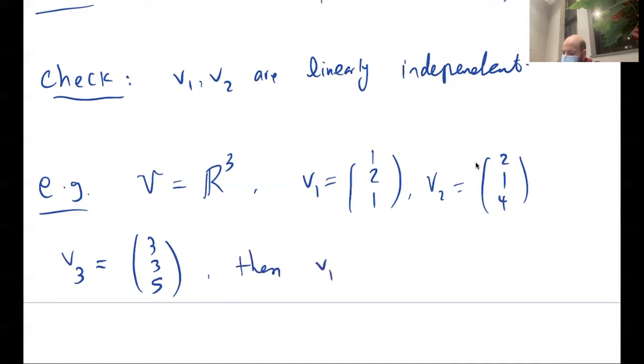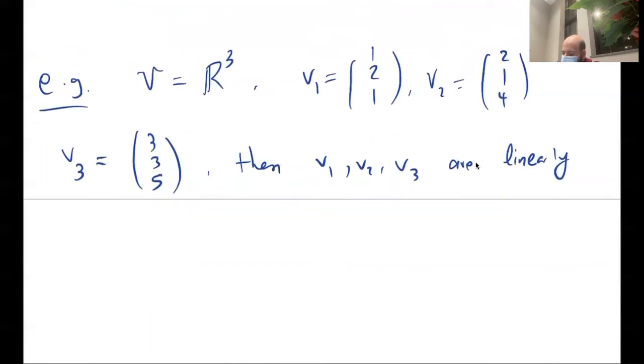Then V1, V2, V3 are linearly dependent this time. Why are they linearly dependent? Of course, one way to show this is to start with C1 V1 plus C2 V2 plus C3 V3 equals 0, and show that you have infinitely many solutions for C1, C2, C3. That's one way to do it.